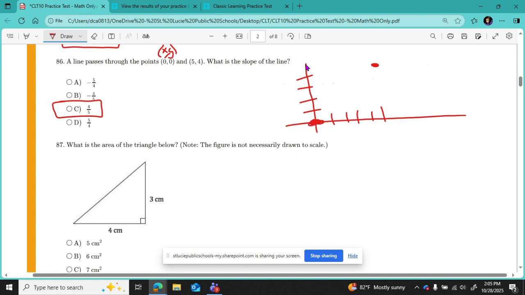And you can count that your y went up by 4, 1, 2, 3, 4, and your x went to the right by 5, 1, 2, 3, 4, 5. So if you're more of a visual grapher, you can see it here: up 1, 2, 3, 4, rise, run, 1, 2, 3, 4, 5. 4 over 5, either way.